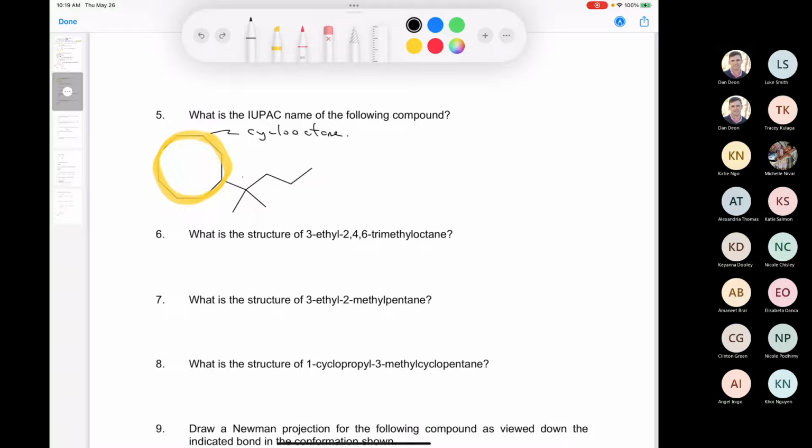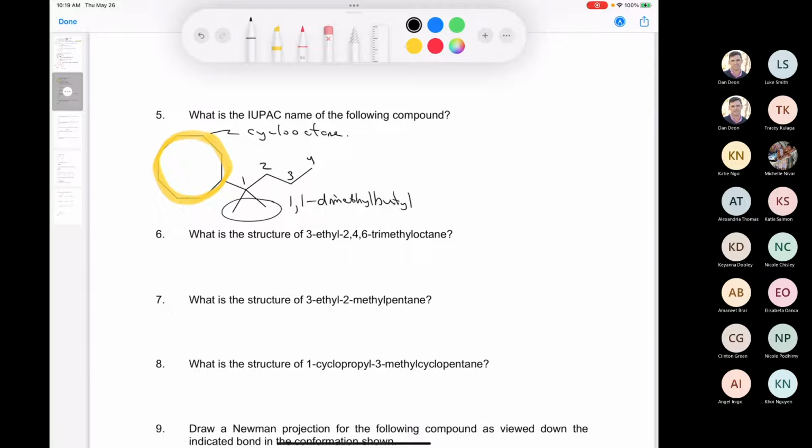What we do is we start by numbering off of the ring, and we number the longest chain, so 1, 2, 3, 4. So this is some kind of butyl. And we have a 1,1-dimethyl. So the name of this substituent would be a 1,1-dimethylbutyl.